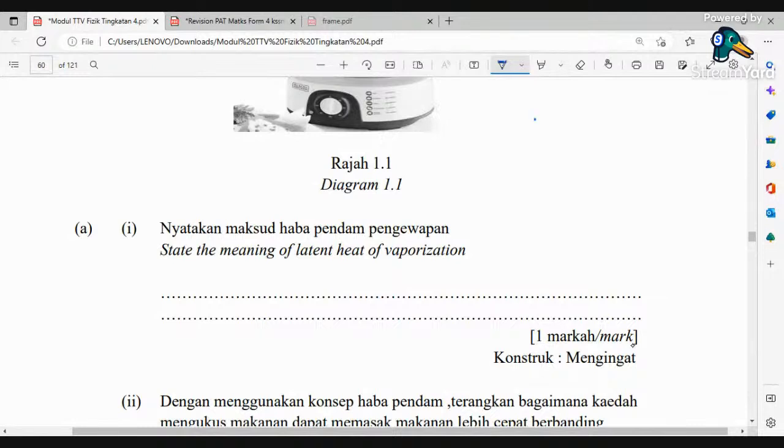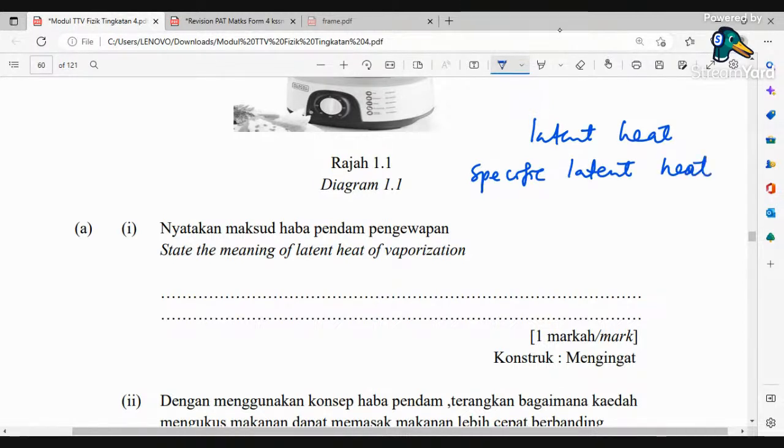Okay, ingat kita ada dua kan, latent heat and specific. Kalau mention latent heat means for m kg of mass. Kalau specific is 1 kg of mass.